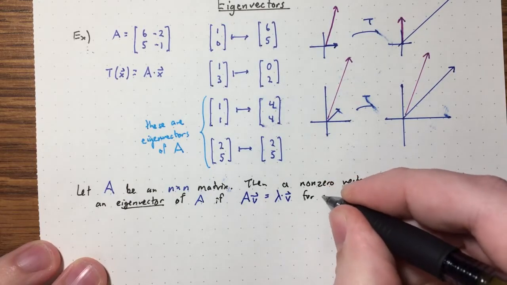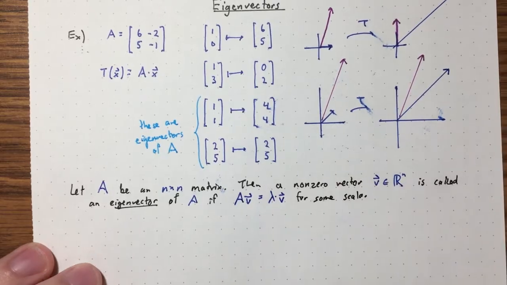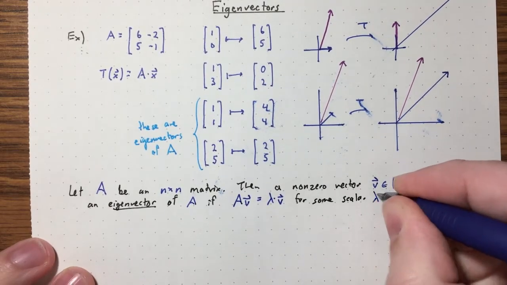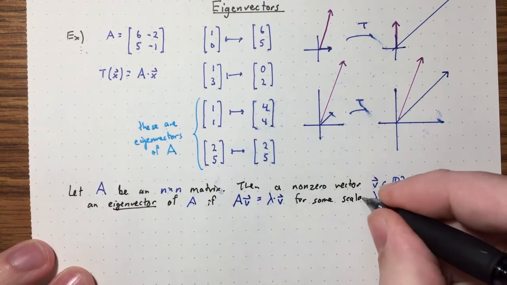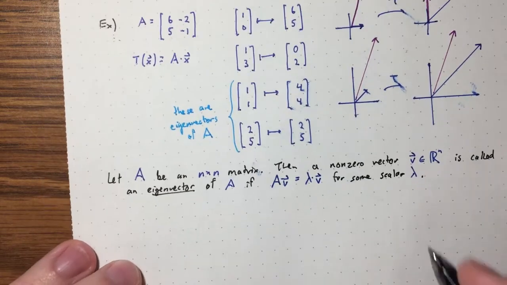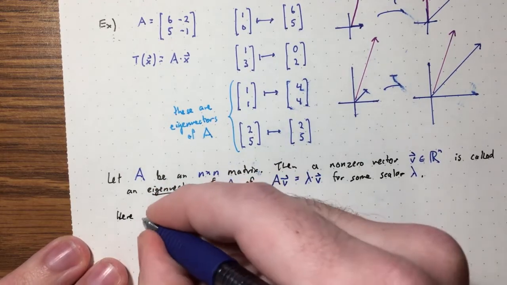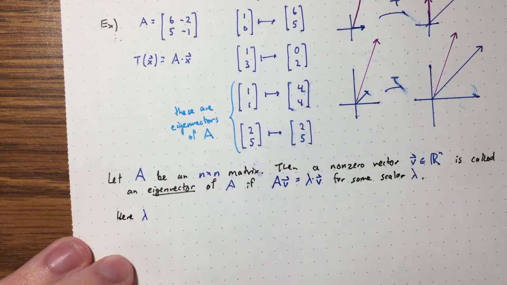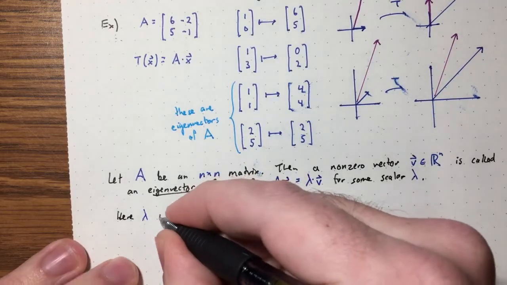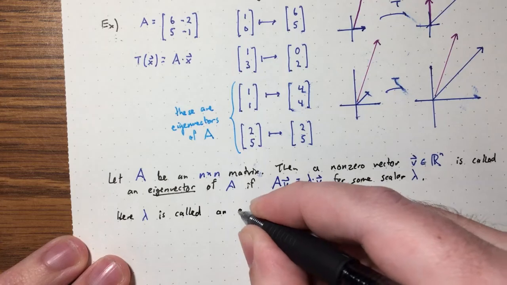And lambda, this Greek letter, is typically used for the scalar. So that's just a real number. Also, this lambda has a name. It's not an eigenvector, it's not a vector, it's a scalar. But it's called an eigenvalue.